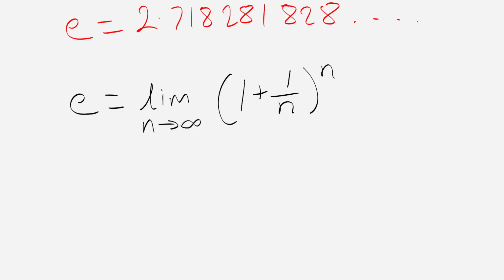And if I want to be more technical, the strict definition of the number e is the limit as n goes to infinity of (1 plus 1 over n) to the power of n. Now, we don't need to worry about this definition right now. We just need to understand that the number e is a naturally occurring limit when we talk about continuous growth.